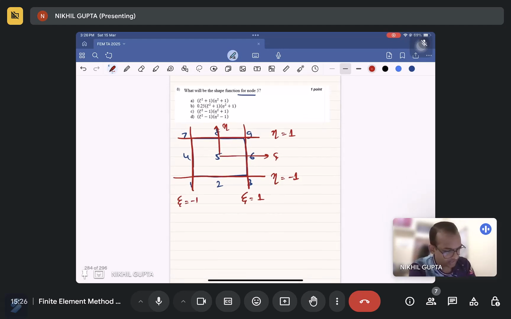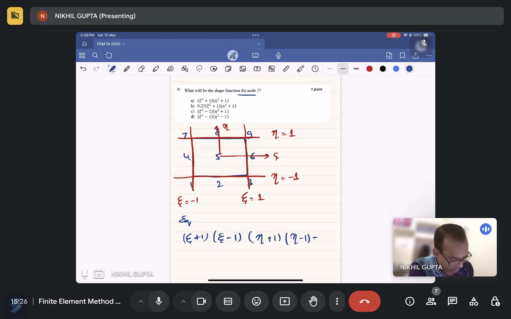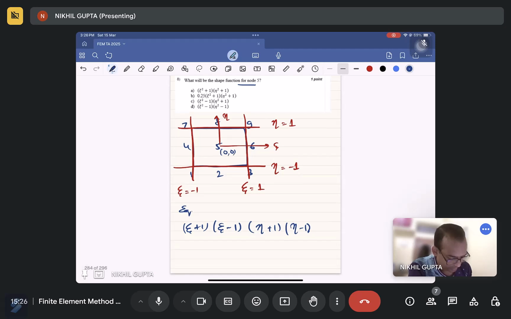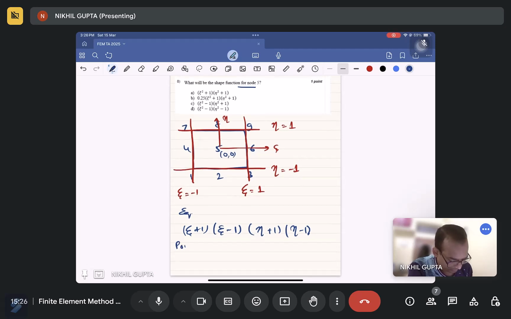Okay, write the equations. So this will be the xi plus 1, xi minus 1, eta plus 1, and eta minus 1 equations. So what is the coordinate of this system? This point 5 is (0,0), and if you put the point (0,0), it will give me 1 minus 1... so it will be 1.